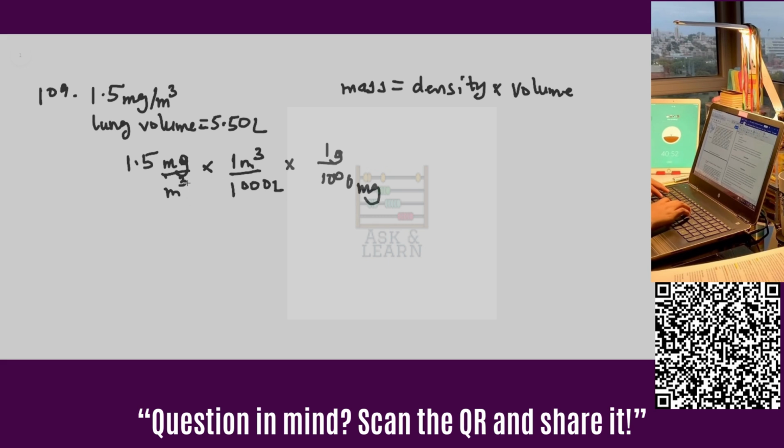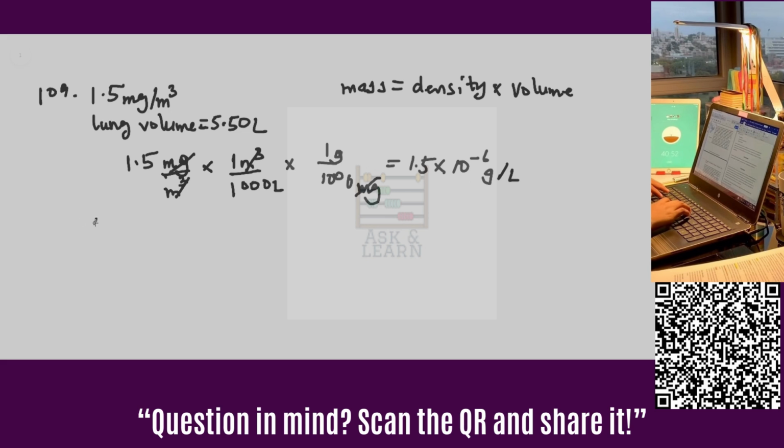Here this cancels this, and this cancels this as well. Essentially, we're left with grams per liter. So this is essentially 1.5 times 10 to the power minus 6 grams per liter.